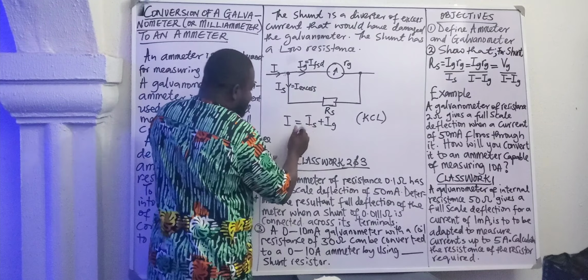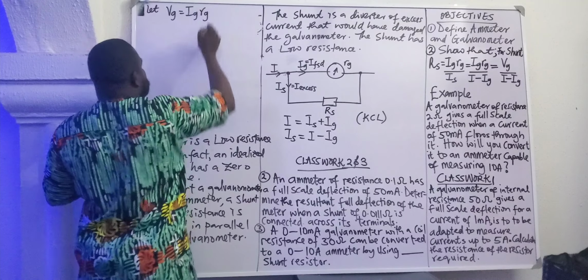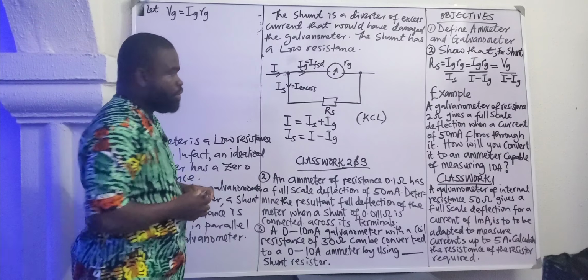Now, the connection between the galvanometer and the shunt is a parallel connection. What does that mean? It means that the voltage drop across the galvanometer is equal to the voltage drop across the what? Shunt. So let the voltage drop across the galvanometer be Vg, and I will call it Ig Rg according to Ohm's law.